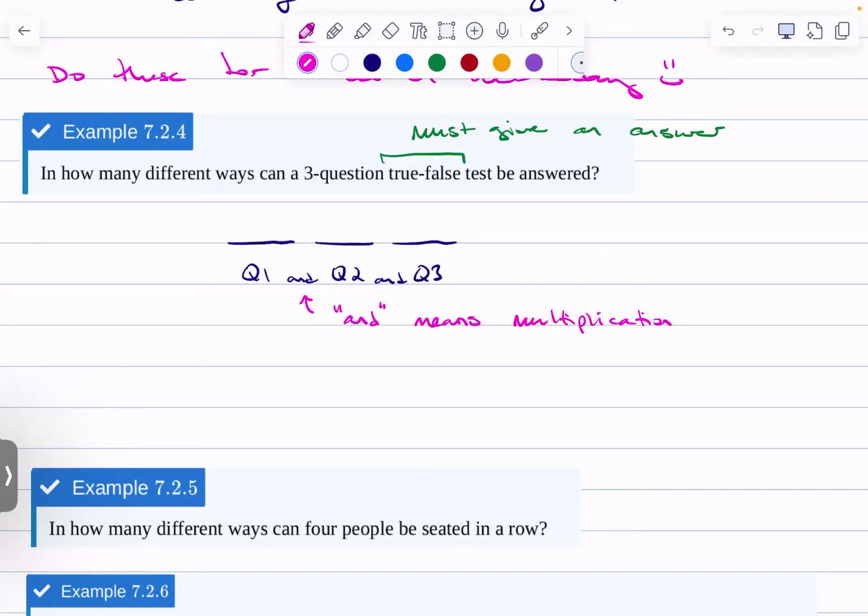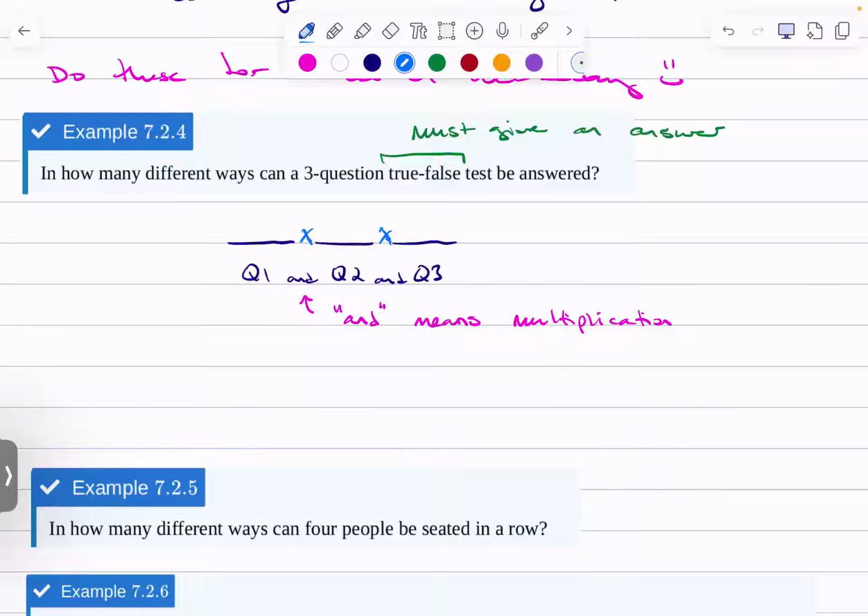So I'm going to multiply across, and above each question, I'm going to jot down how many options I have for question 1.